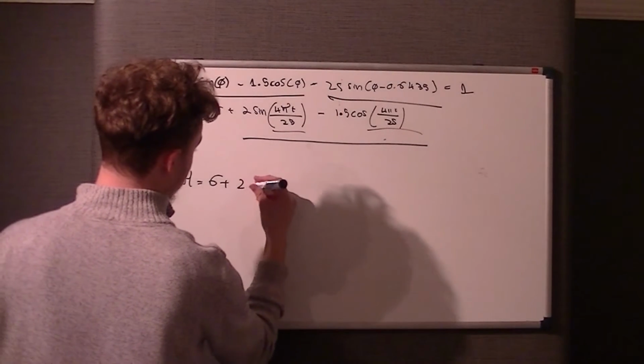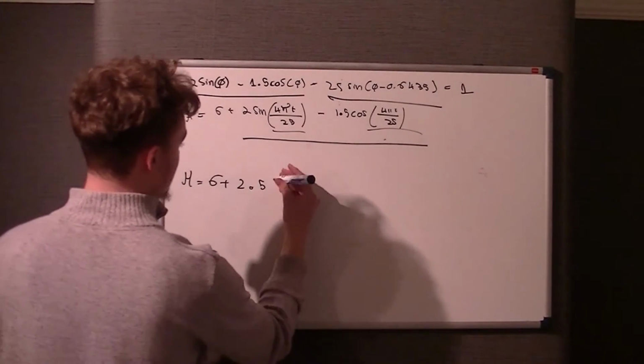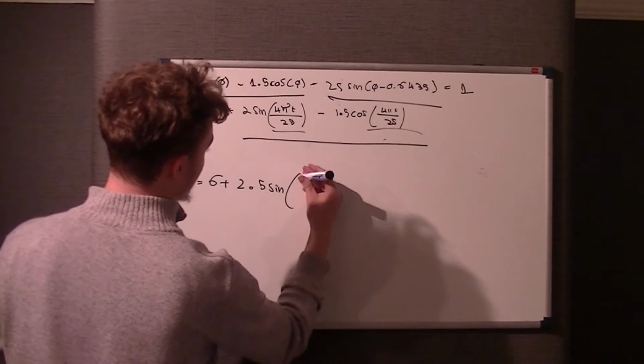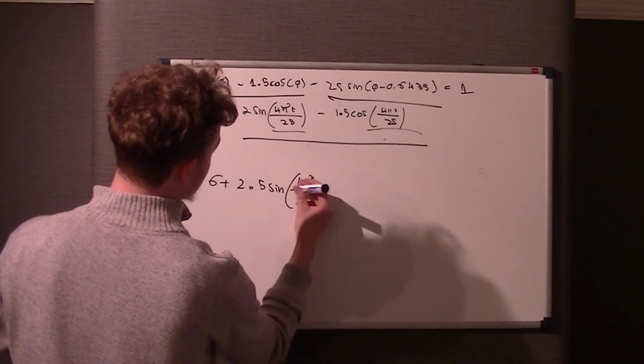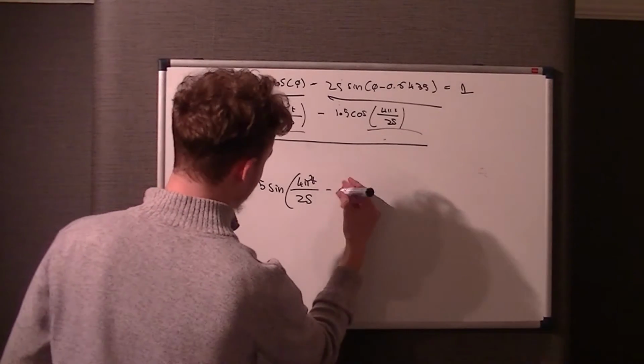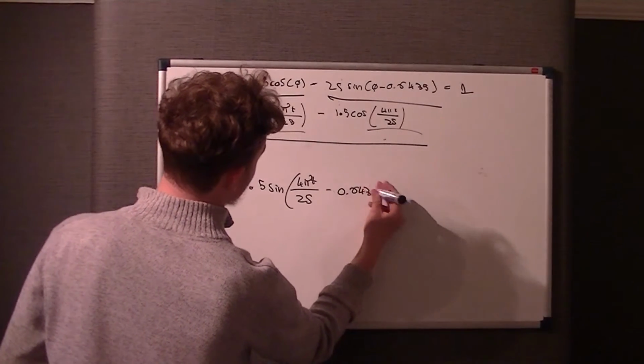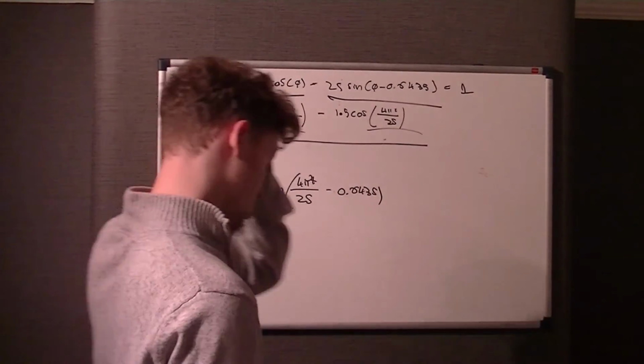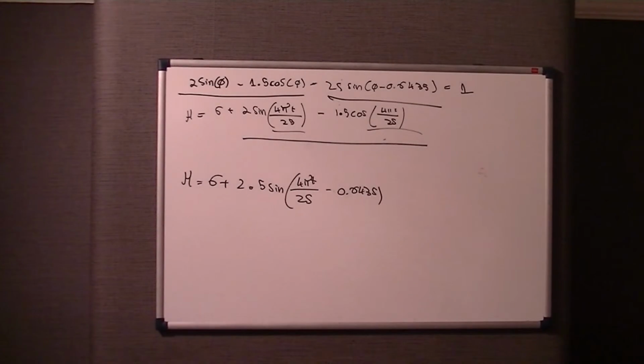So it's 6 plus 2.5 times the sine of the angle, which we know is 4 pi t over 25, take 0.6435, and it's when the sine of the angle equals 1, so essentially when 6 plus 2.5 times 1, which if you put that in your calculator, should give you 8.5 metres.